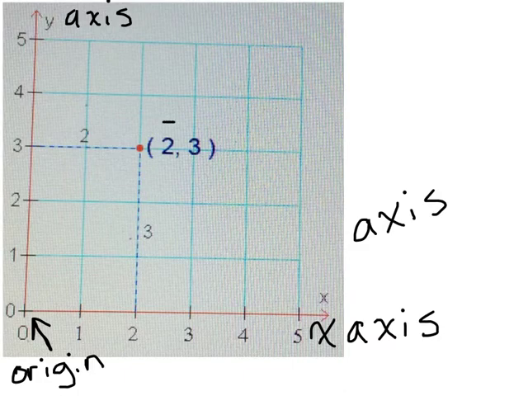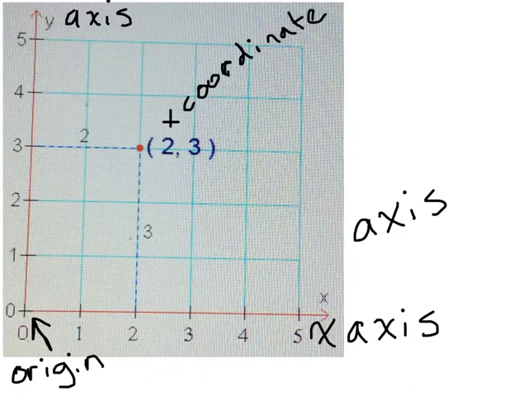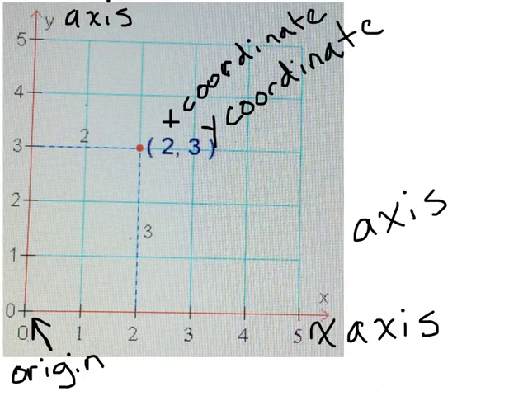So our x-coordinate is 2. After we have found our x-coordinate, we can count how far up our point is. 1, 2, 3. So our y-coordinate in this case is 3. Ordered pairs are written x-coordinate, comma, y-coordinate, and we put them inside of parentheses.